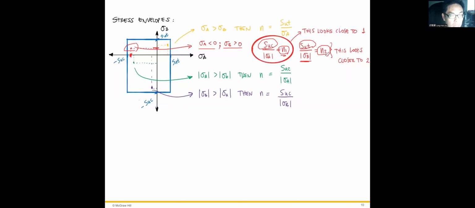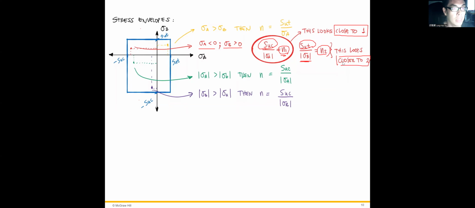So what's the difference between N1 and N2? From this stress envelope, we can evaluate the safety factor N1, which is close to 1, and this safety factor N2 is close to 2. Why?